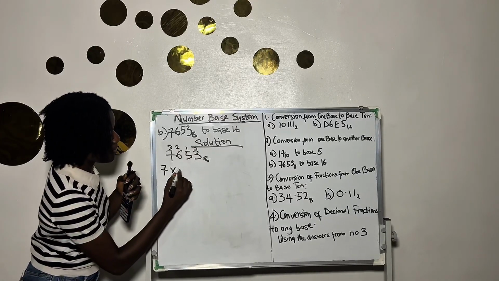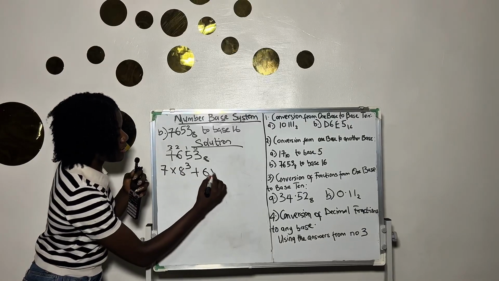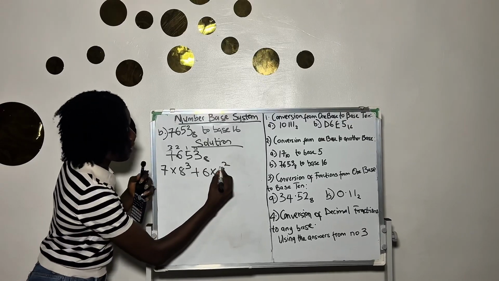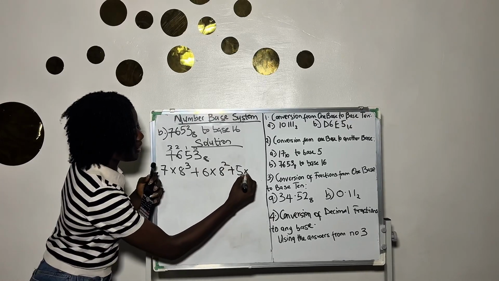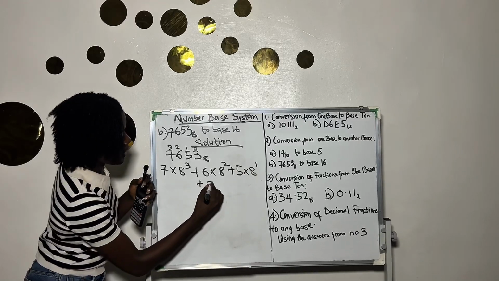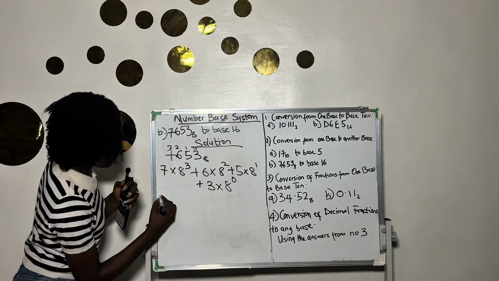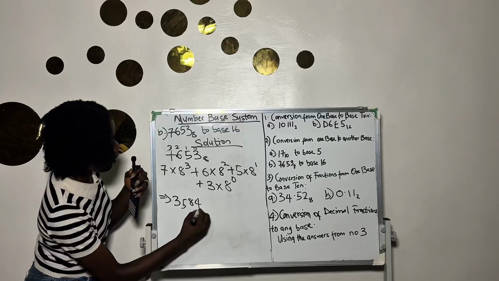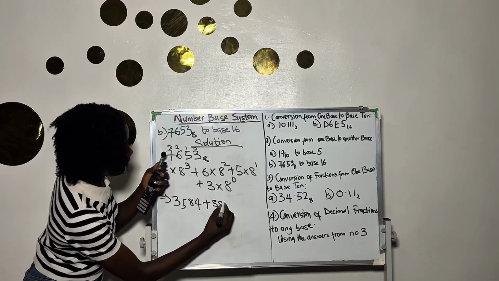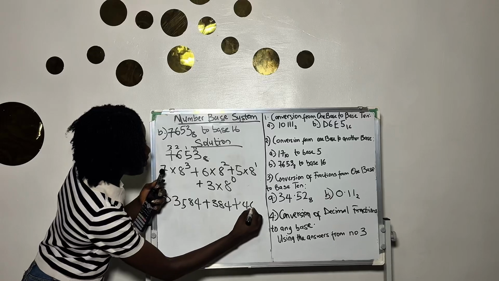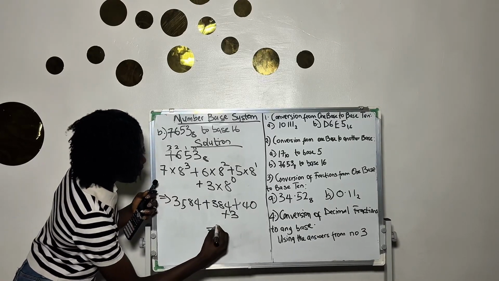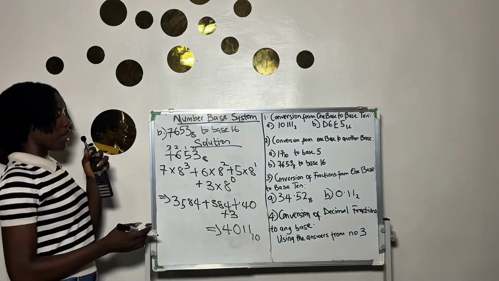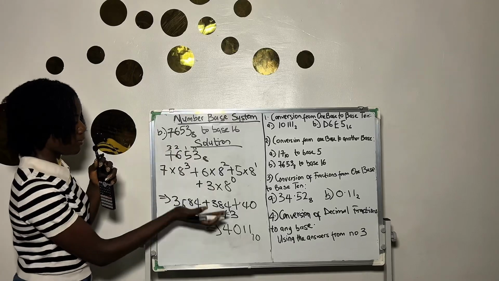The 7 times 8 raised to power 3 plus 6 times 8 raised to power 2 plus 5 times 8 raised to power 1 plus 3 times 8 raised to power 0. And this will give us 3584 plus 384 plus 40 plus 3, and the total is 4011 base 10. So now we have successfully converted from base 8 to base 10.